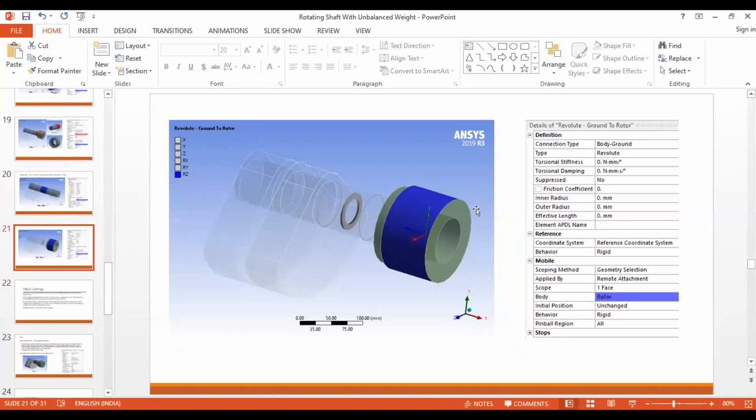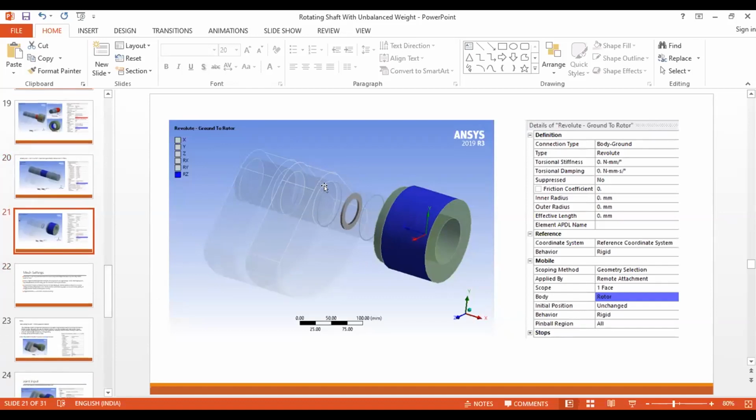Here a revolute joint is given for the rotor. It is mandatory that you give a revolute joint to the rotor, because in the further slides, in ANSYS settings, you have to select your joint rotation.